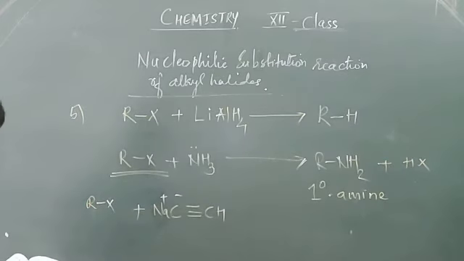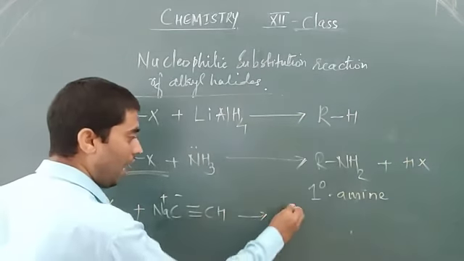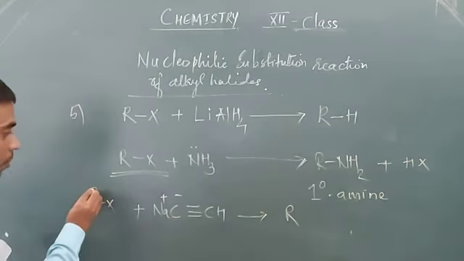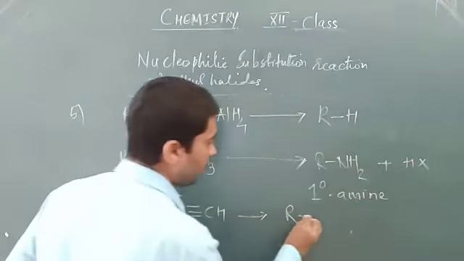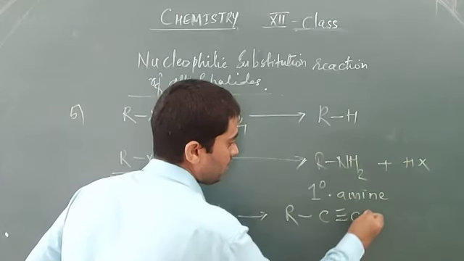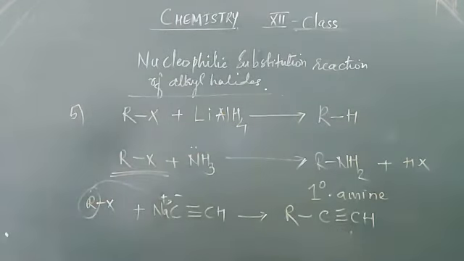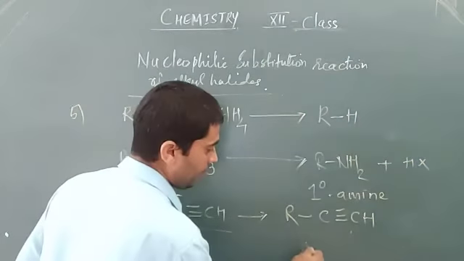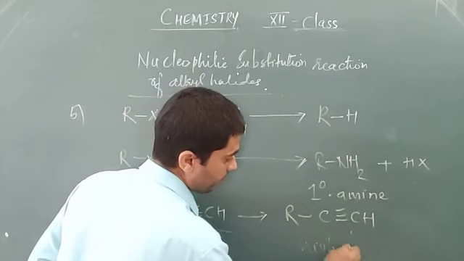Acetylide on reaction with RX will produce R. This R group combines to this carbon of C triple bond CH. Now, what happens? Only the addition of R group on the triply bonded carbon. By this process, what we get? We get higher alkyne.